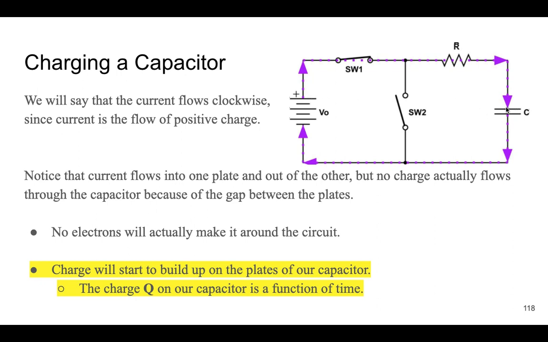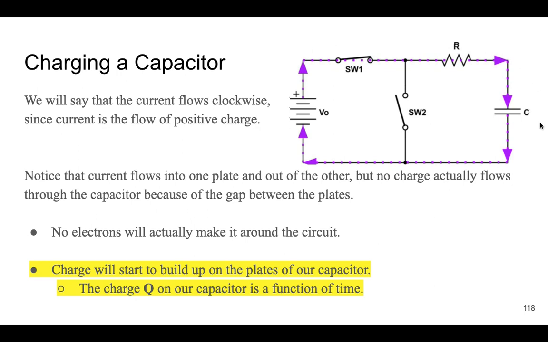It'll make more sense. Electrons leave this plate and come to here, the positive terminal. Losing electrons at this top plate leaves it with a positive charge. That's going to draw electrons from the negative terminal of the battery around to here. So it looks like negative charge is flowing counterclockwise, and positive charge is flowing clockwise.